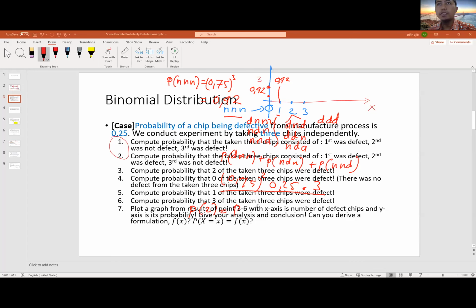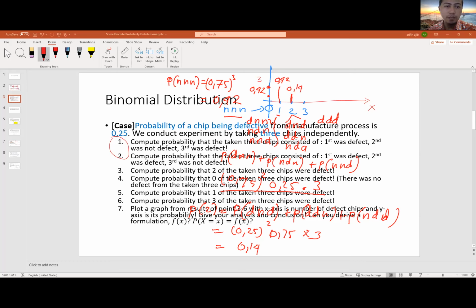And this one for P(2), it means the probability ddn plus probability dnd plus probability ndd. So it is 0.25 power by 2 times 0.75 times 3. Let's calculate: 0.25 power by 2 times 0.75 times 3 is around 0.14.